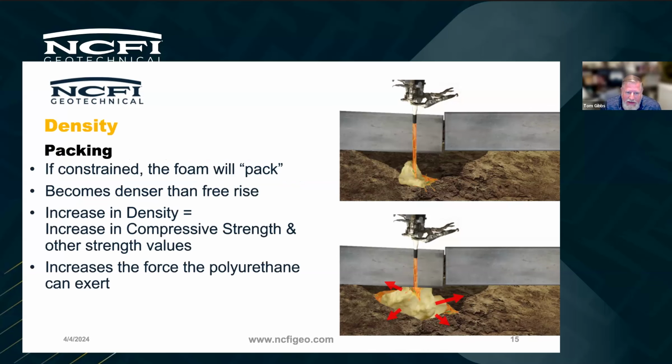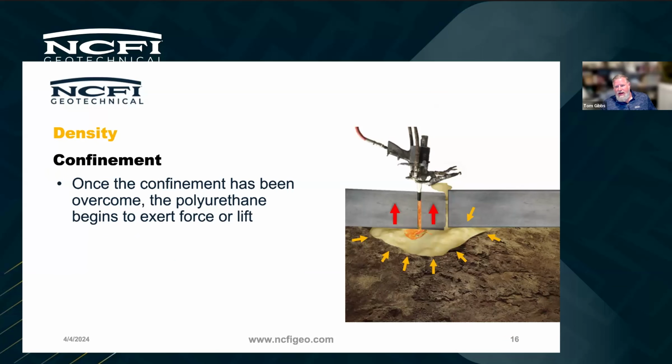But the good news is with that increase in density is also an increase in compressive strength and other strength values, such as tensile strength and shear strength. So it also increases the force the polyurethane can exert for lifting. So once it's shot in, it fills the voids, it starts to pack in, and then that will allow it to overcome the confinement and begin to exert force or lift.